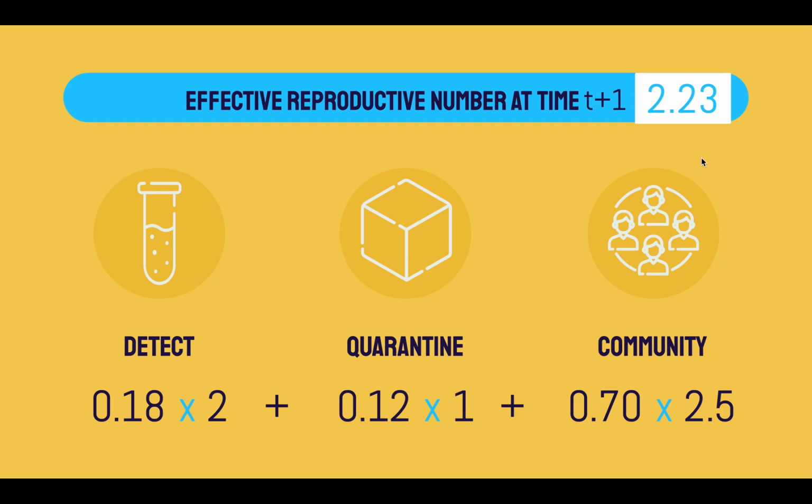So we started in the community with an effective reproductive number of 2.5. This is what we would expect if we weren't doing any testing, tracing, and isolating: on average, about 2.5 onward transmissions per infection. But now with our test, trace, isolate program, we've been able to lower that to 2.23.